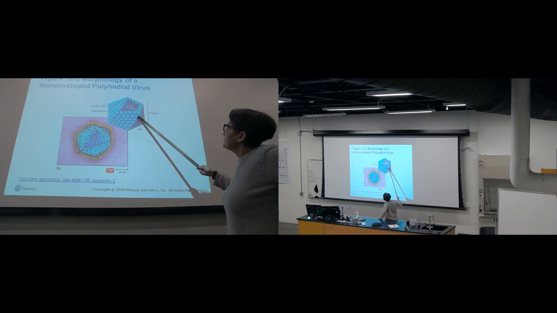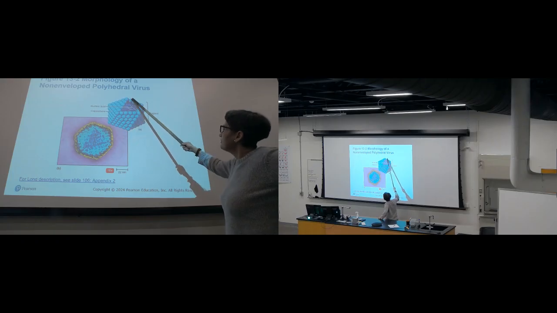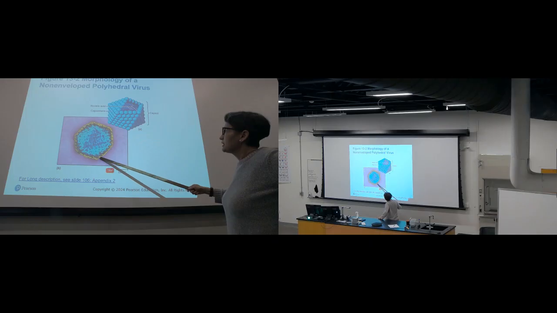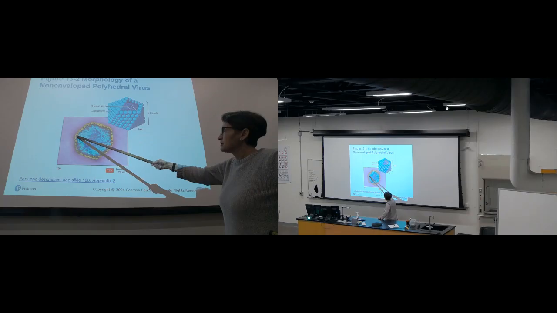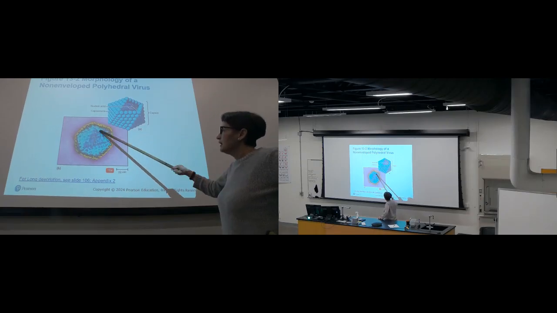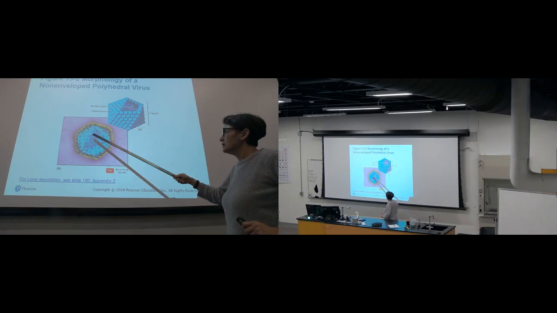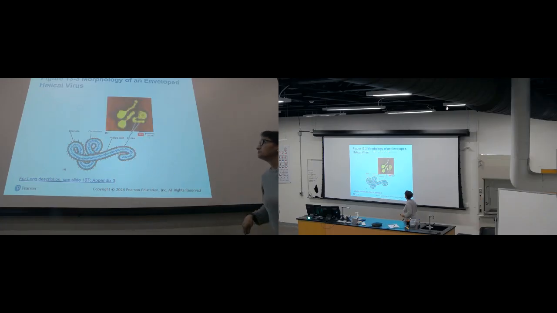So these would be the capsomeres of the virus, and then here we have the nucleic acids. You can see here the difference in color in this transmission electron micrograph. The capsomeres will be here, these little protrusions making the capsid, and the nucleic acid is found inside the capsid.